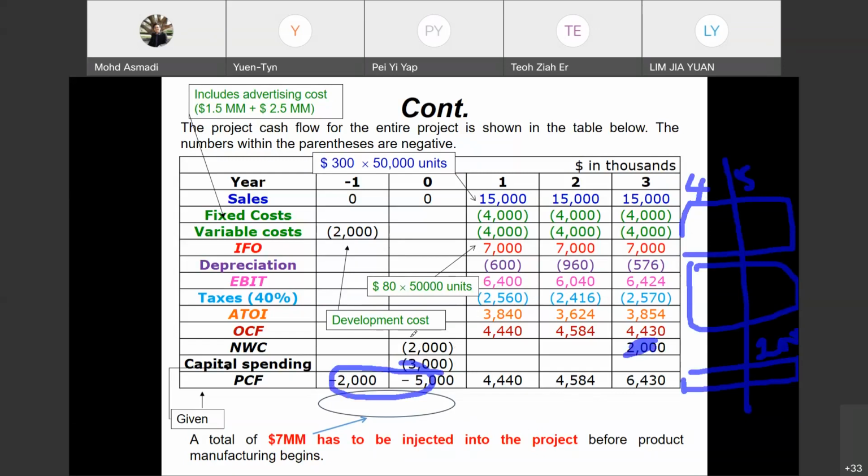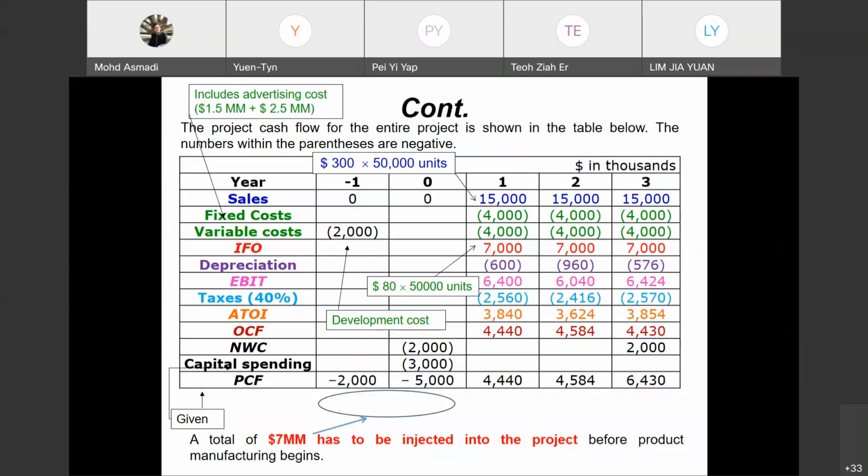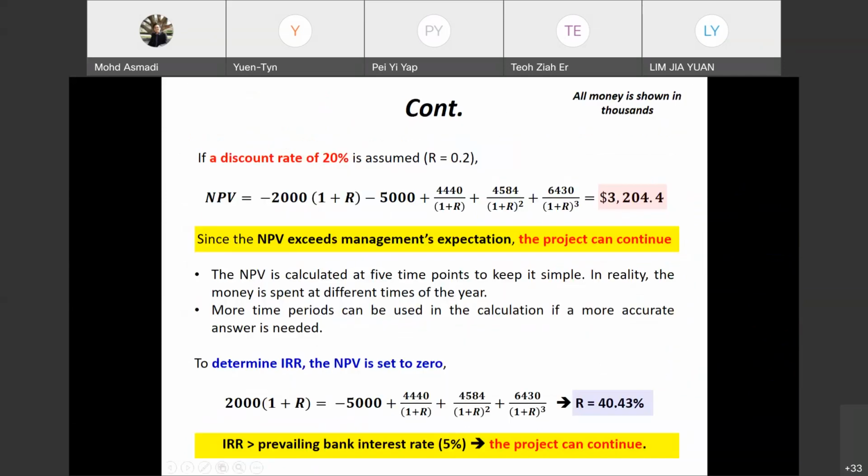What else? You have to calculate the NPV. Can you calculate NPV for 3 years until this one? So for NPV you have to add this one. It is not 6430, because without 2000, this one is 4430.